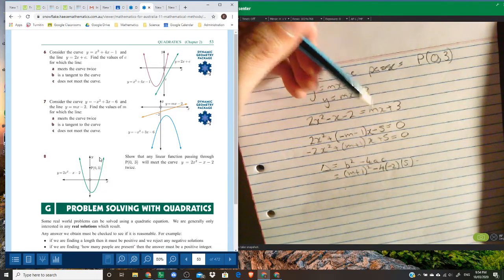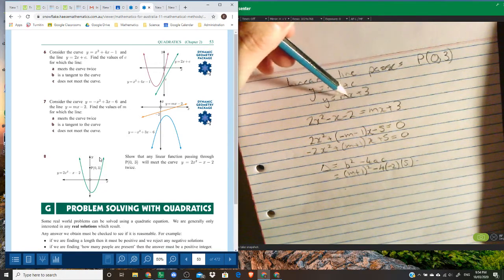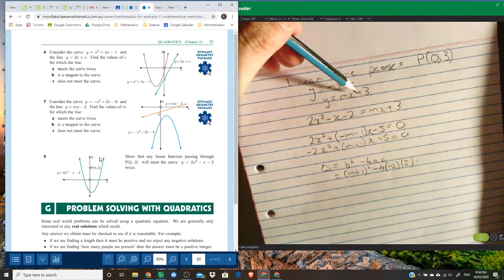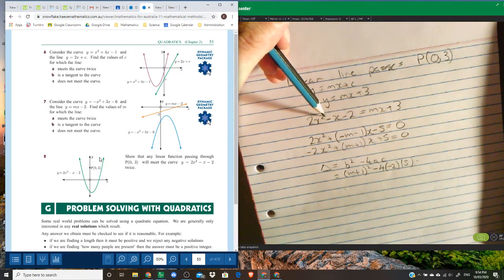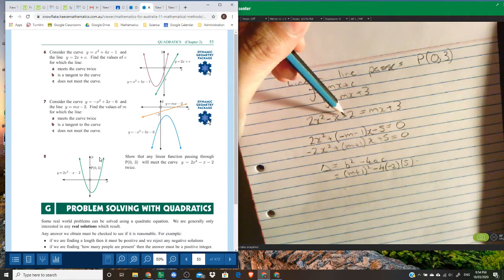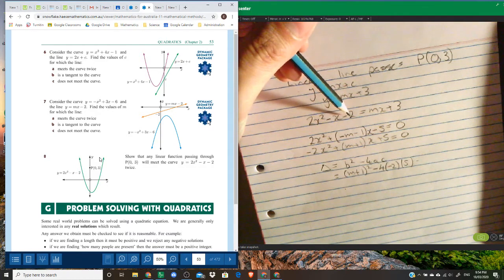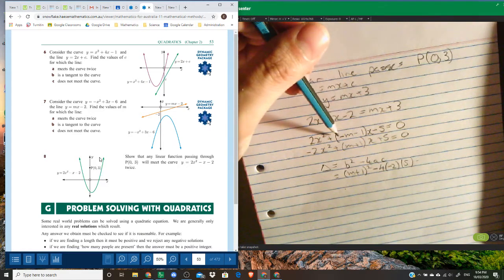Okay. x equals 0, y equals 3, that's correct. mx plus c, 2x squared minus x minus 2. Bring that across.